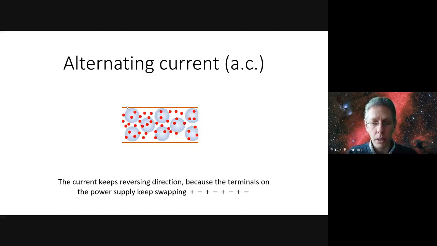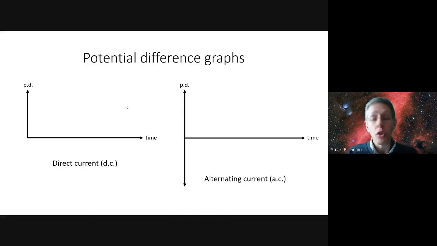We'll just draw a graph of the potential difference that a voltmeter would show if it was plugged into either the terminals of a battery or the terminals of the power pack, like we've used in class, or in this case, for AC, if we were to push the ends of the wires from the voltmeter, probably a bad idea, into two of the holes in a plug socket. We'll come back to which two in a second.